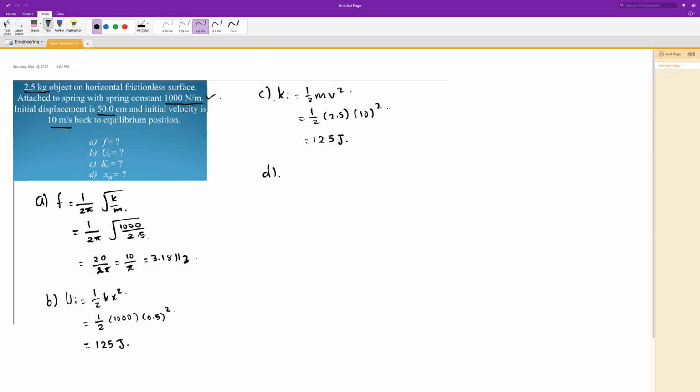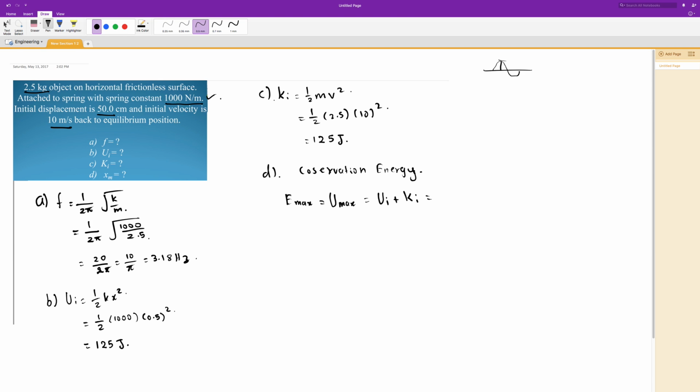To find the amplitude, I have to use the conservation of energy equation. So maximum energy is going to be equal to the addition of the potential energy and the kinetic energy, that's going to be Ui plus Ki. Also, this is going to be equal to the maximum potential energy, and maximum potential energy occurs when the distance is the amplitude, because the amplitude is the highest distance.